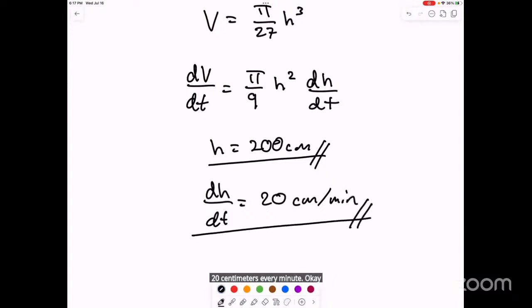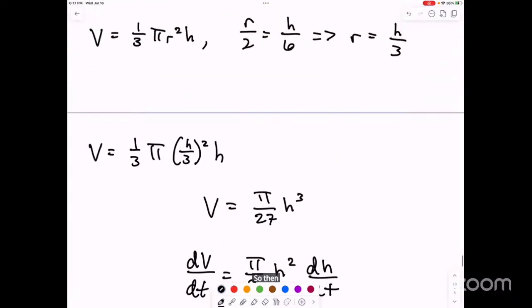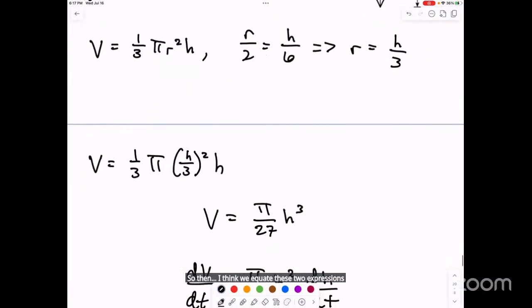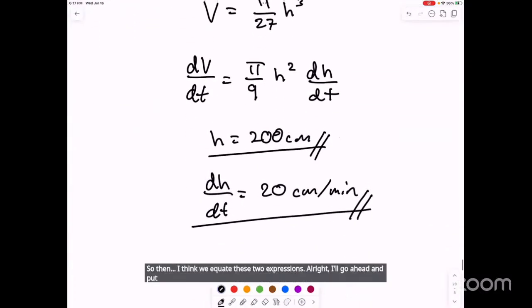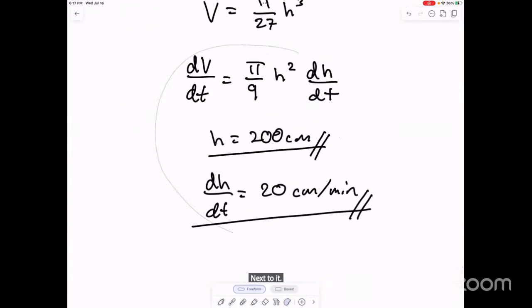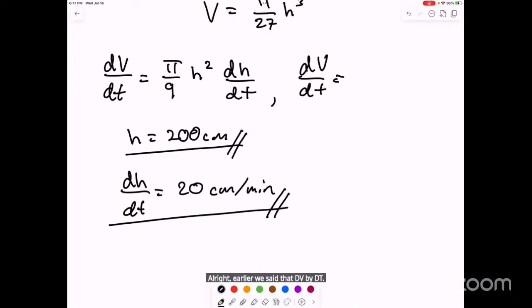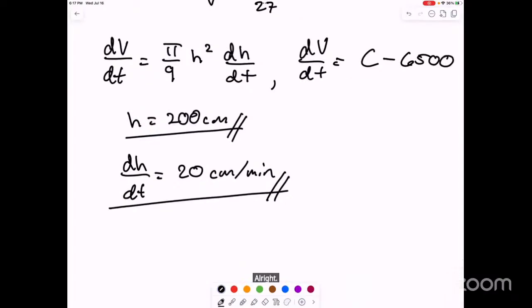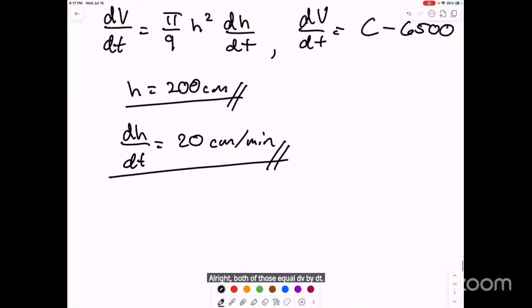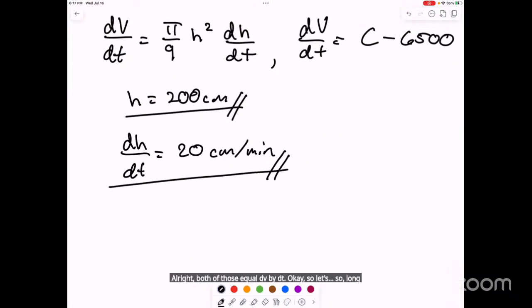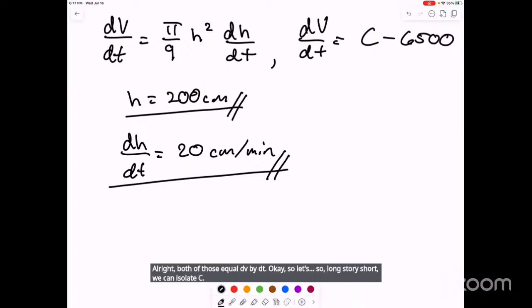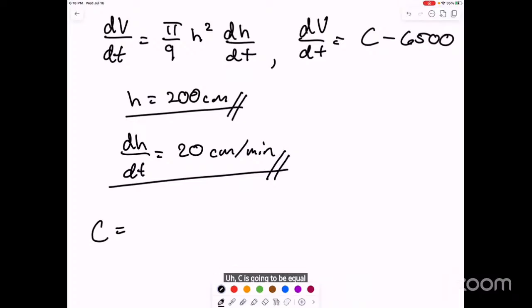Okay. So then I think we equate these two expressions. All right, I'll go ahead and put the second one next to it. All right, earlier we said that dV by dt was C minus the 6,500. All right, both of those equal dV by dt. Okay, so long story short, we can isolate C. C is going to be equal to pi over 9.